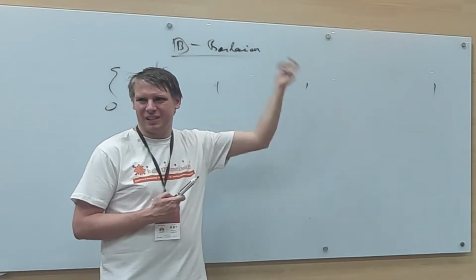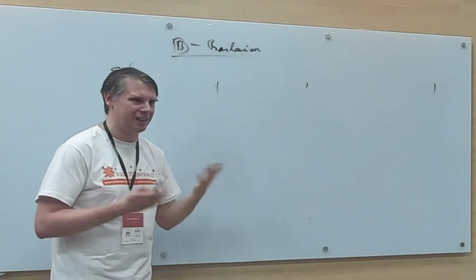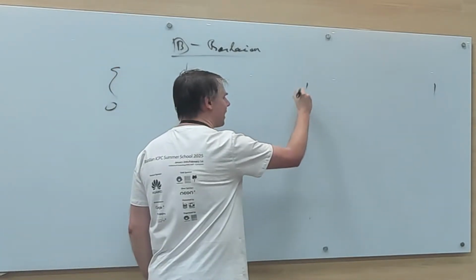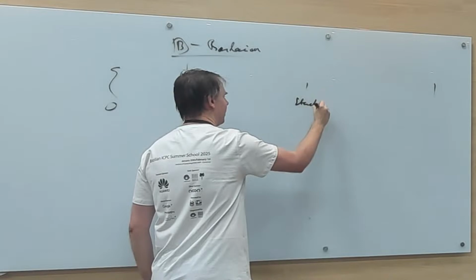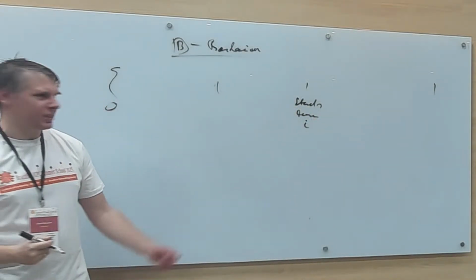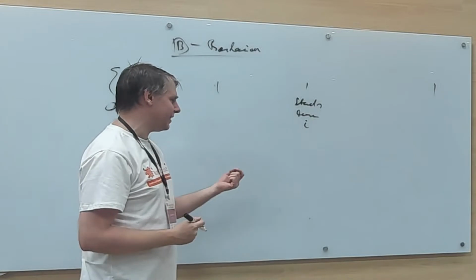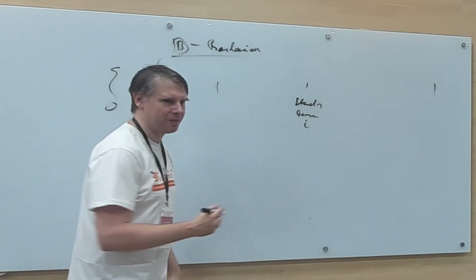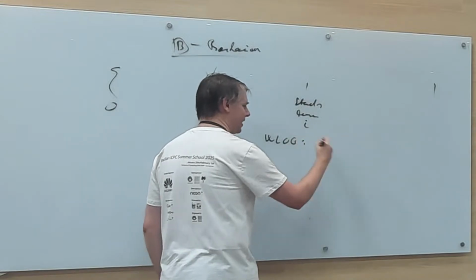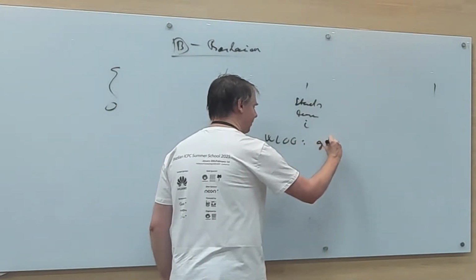So we want to somehow simulate or maintain its trajectory. For example, if it starts from i, for now, let's just suppose that it initially goes to the left, without loss of generality.